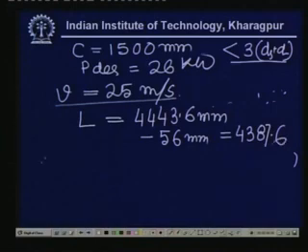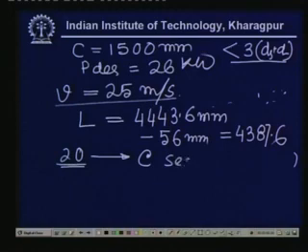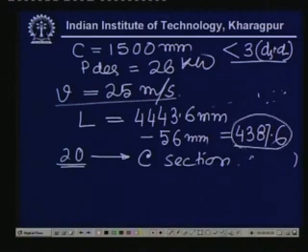Now in this case, because the kilowatt rating is 20, the choice of the belt is very much a C section. So what is the belt designation? We require a belt designation. This I have just written, this is the inside length.